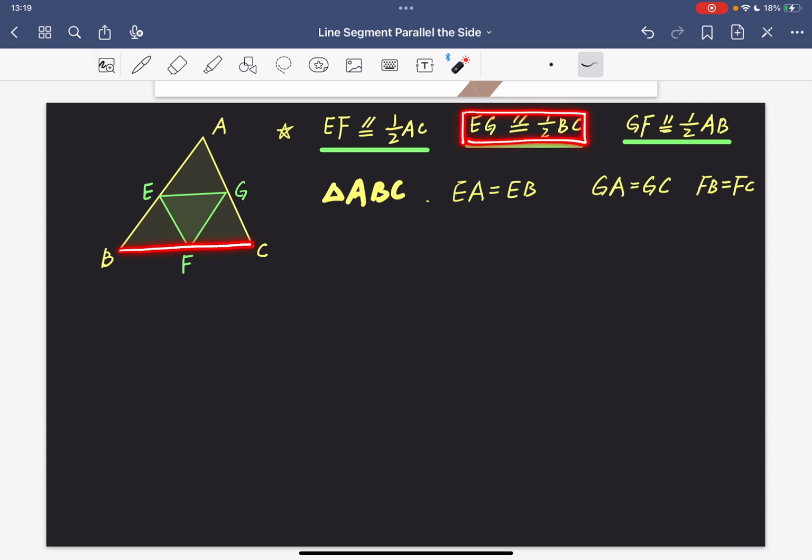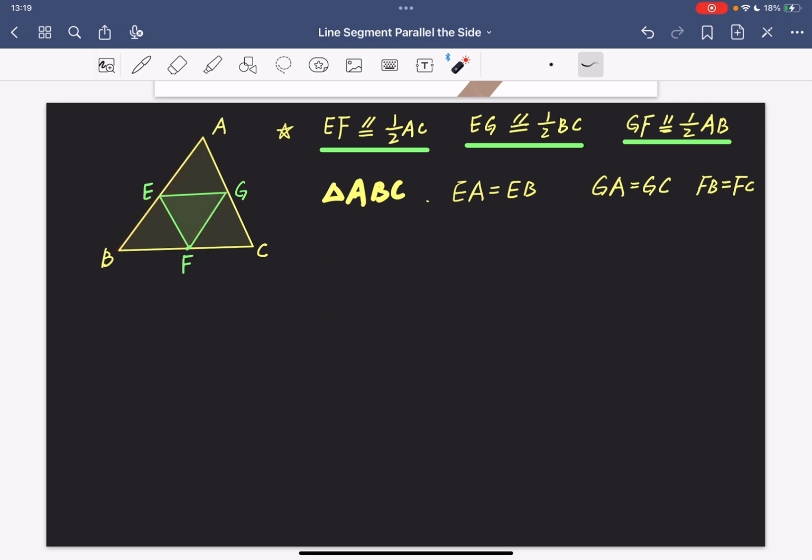Similarly, EF is parallel to AC and equal to half of AC, and GF is parallel to AB and equal to half of AB. Okay.